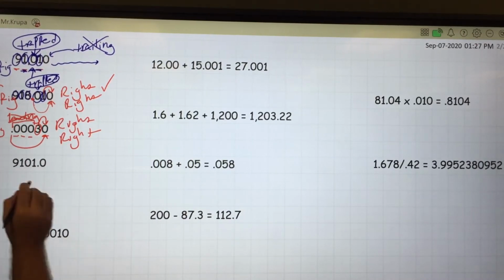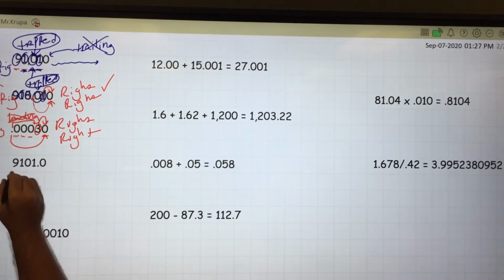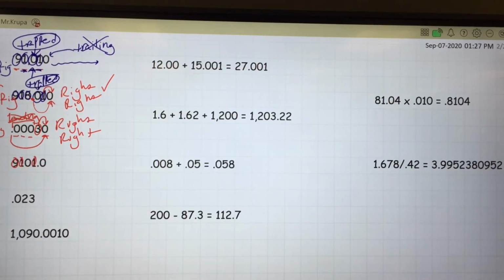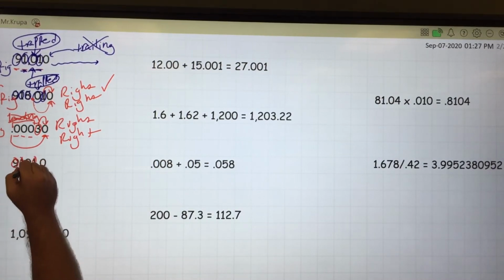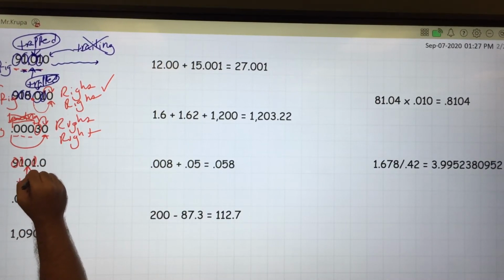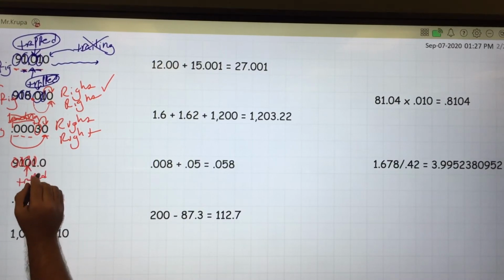Going down to the next example. 9,101.0. Significant, significant, significant. Now we have to decide the zeros. This zero right there is trapped between a 1 and a 1, so it is significant.